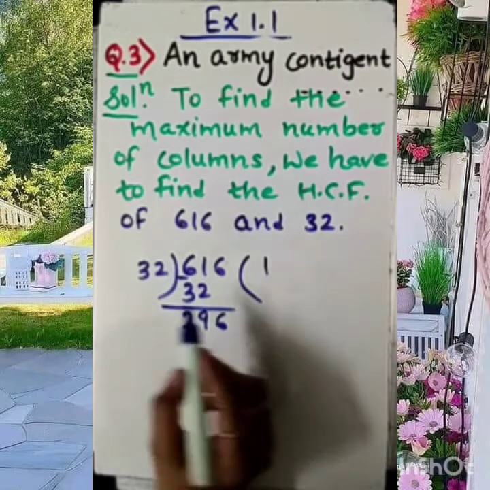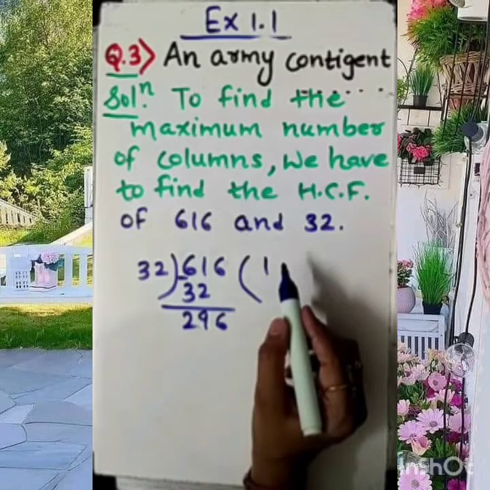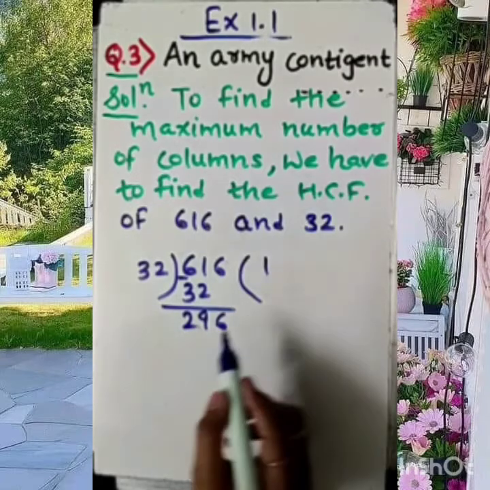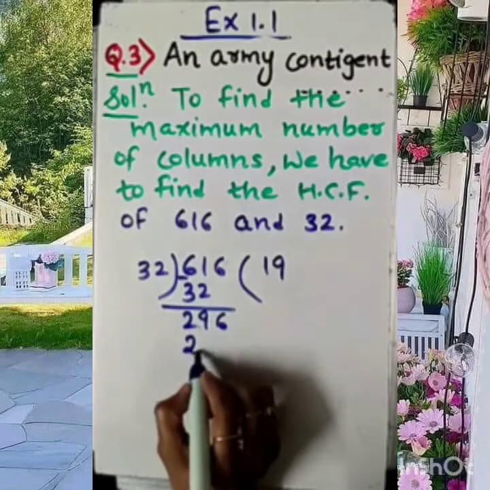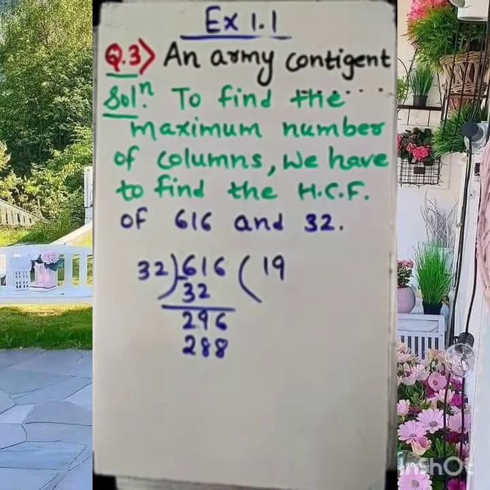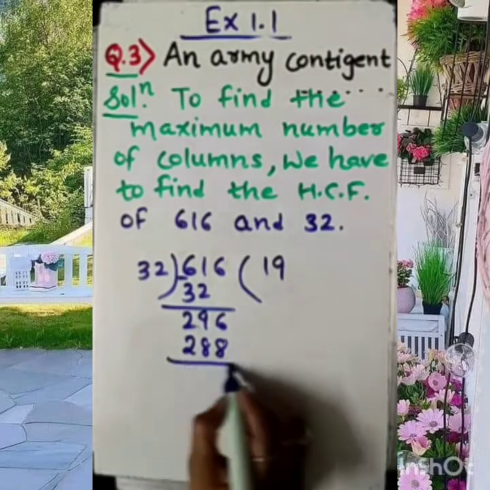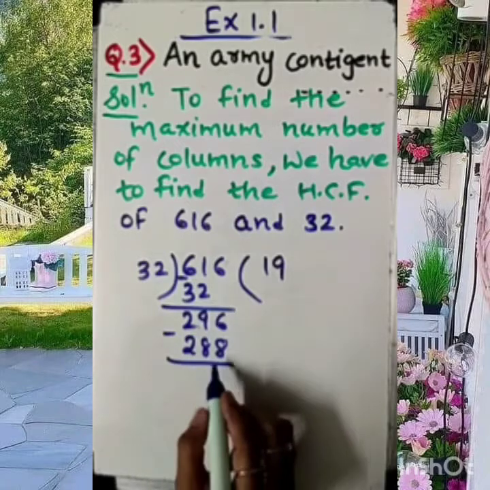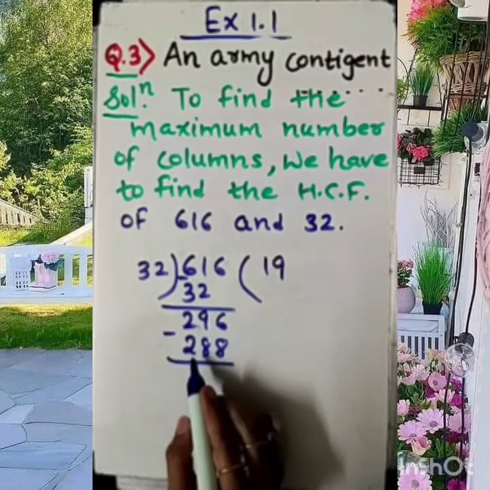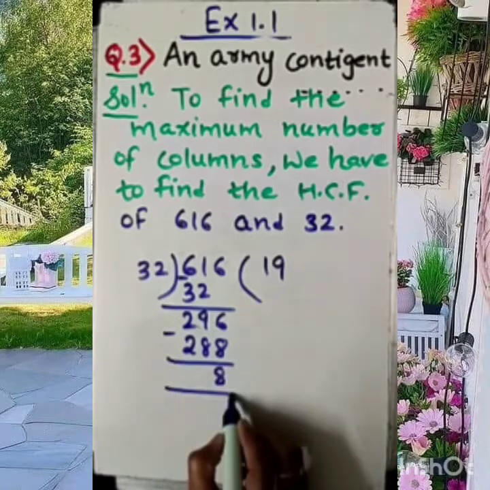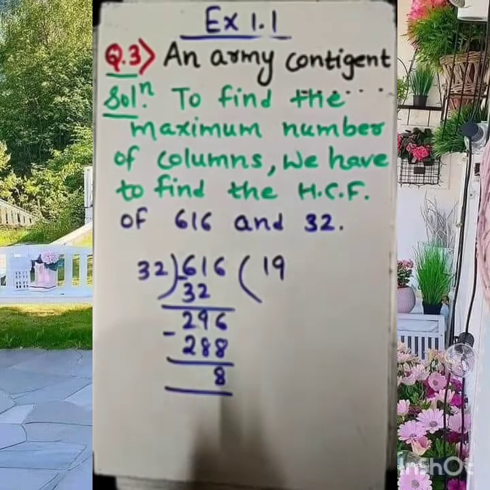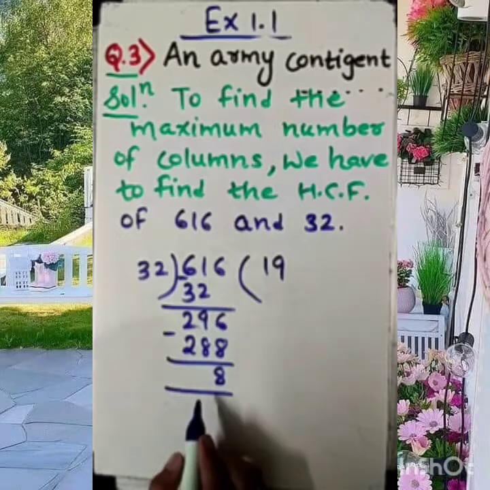Okay. Now which multiple of 32 is nearest? 32 nines, I know that is 288. Right? So if I subtract again, 296 minus 288, then I will have here 2. So here the remainder is 2. Yes.